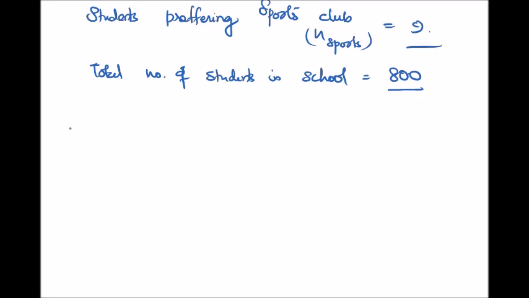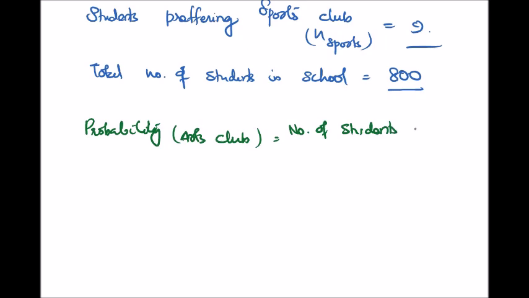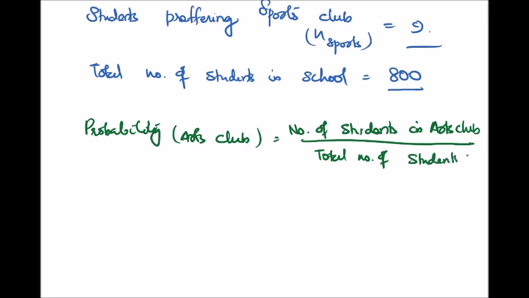So probability of Arts Club student, which is equal to number of students in Arts Club divided by total number of students. That's equal to 11 by 40.